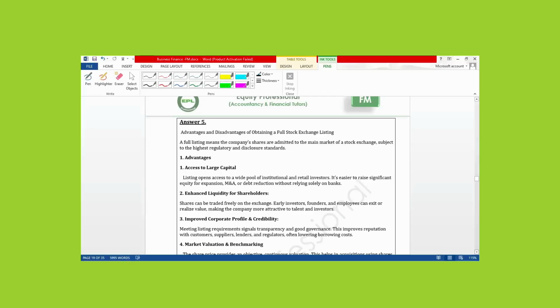Some companies will not relate with your company if your company is not publicly listed. Let me repeat that point. There are some companies, they will not do business with you except your company is publicly quoted.